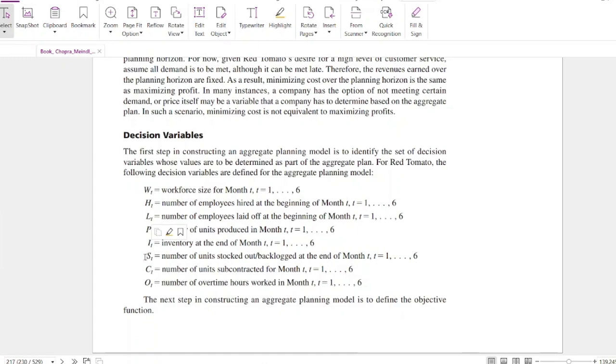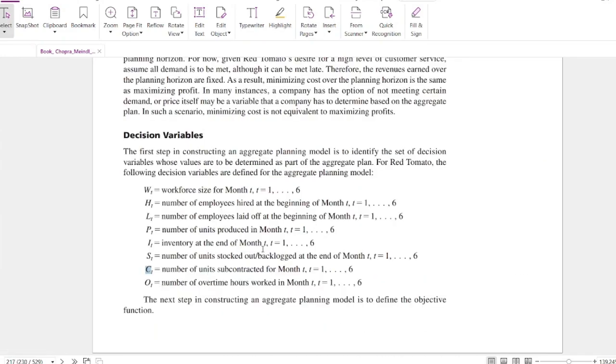And if I knowingly consider any stock out, like for the sake of business, if there is any stock out I can consider. Then subcontract, if I want to subcontract something, and finally what is the overtime I want my employees to work. These are the decision variables.